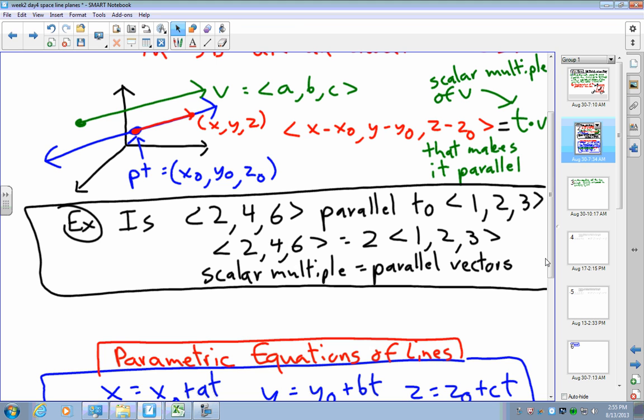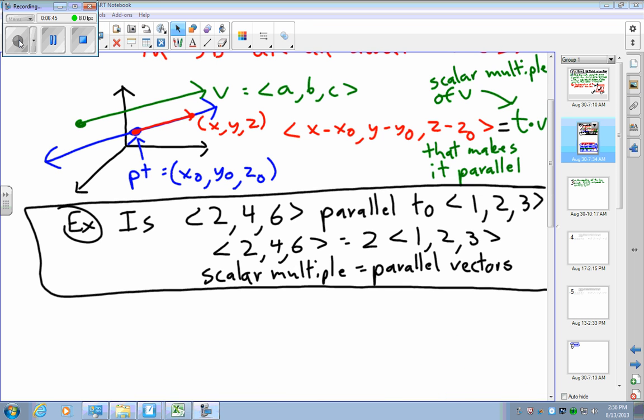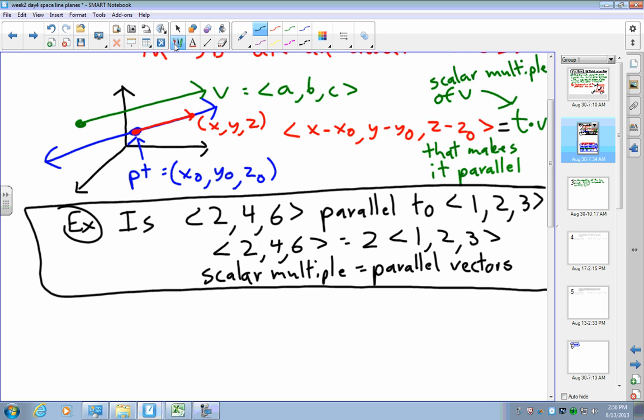So let's start coming up. With that in mind, let's use the fact that this red vector, which came from the line itself, has to be parallel to a specific given vector, which was the green guy.